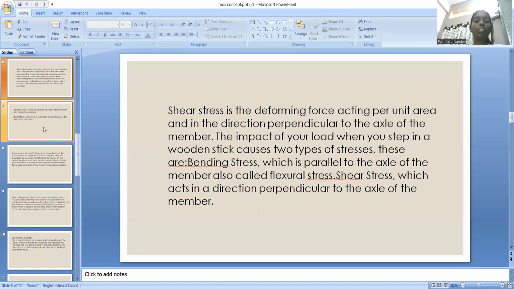the axis of the member. The impact of your load when you step on a wooden stick causes two types of stresses.